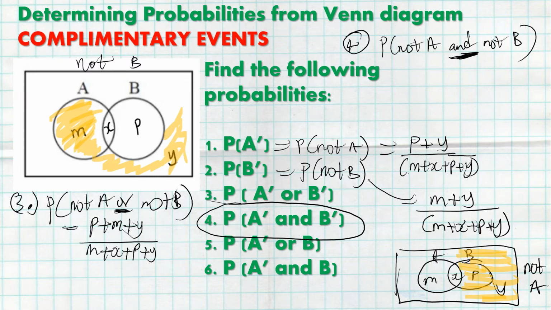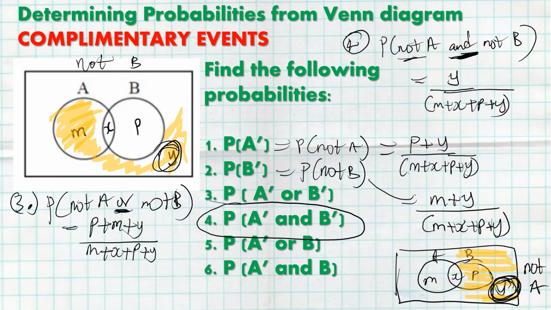What is something common between not A and not B? What is something common there that we have in not A and not B is Y. Can you see that Y is common in both those events? So it's Y, right? So the answer will be Y divided by the total number of the sample space, which is M plus X plus P plus Y. Okay, so be very careful.